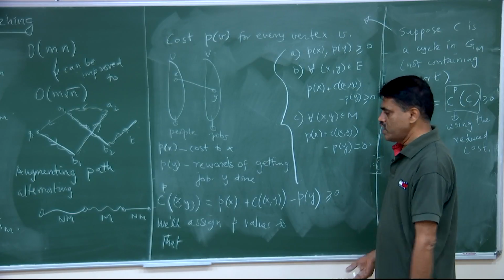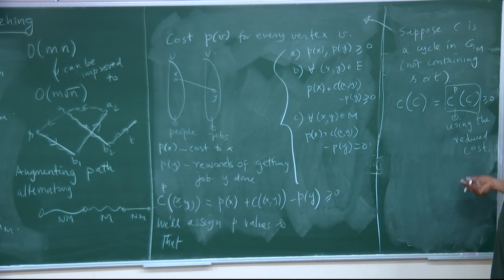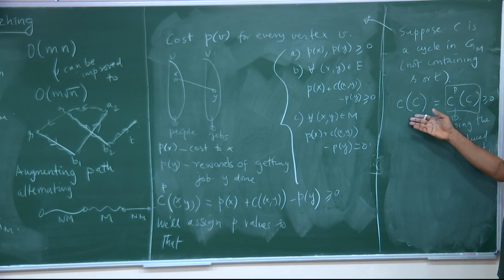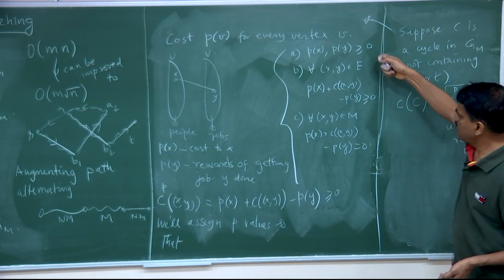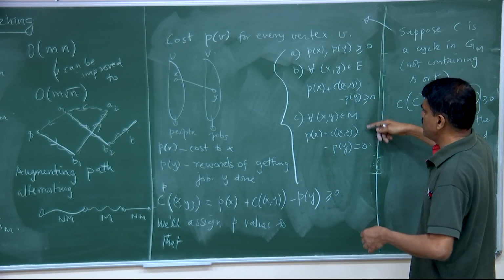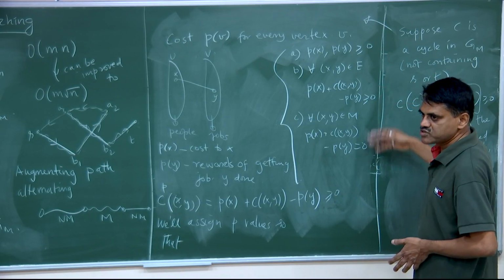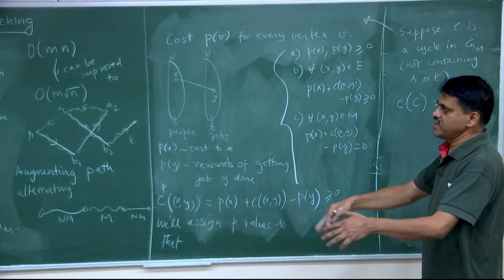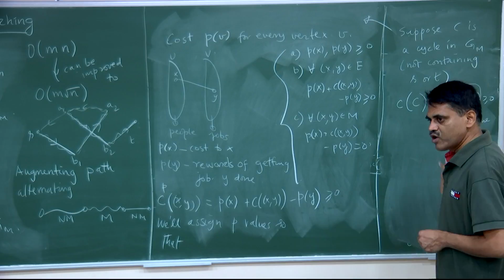Since the cost of the cycle is greater than or equal to 0, I will not have a negative weight cycle as long as I ensure these conditions on P. When I augment my matching, I still have to make sure these conditions are satisfied. If I keep maintaining things this way, then I will not have a negative weight cycle.